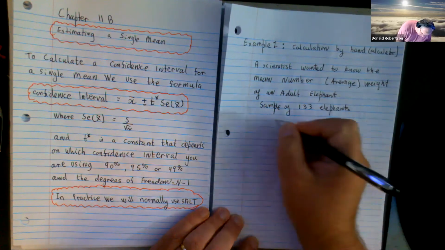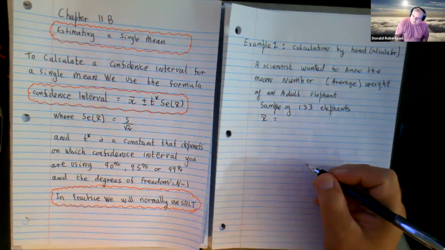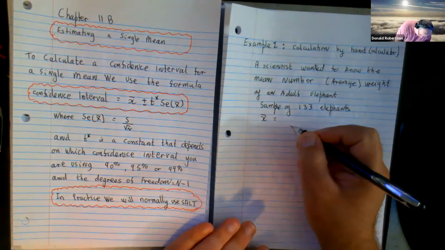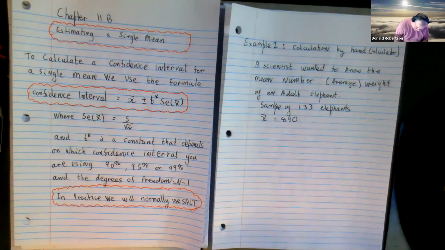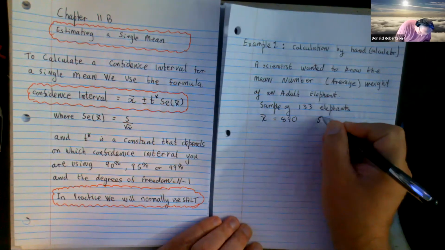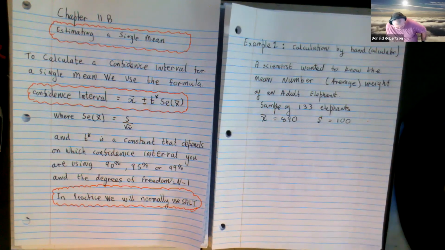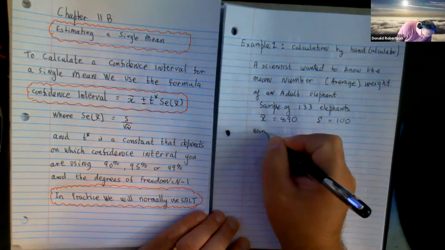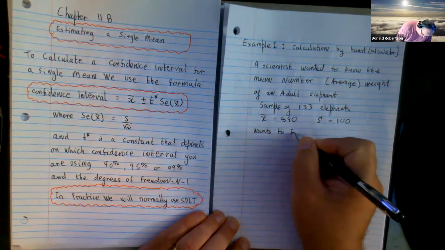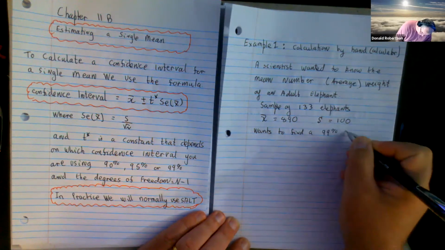And he found out that their average weight, God, this is a guess. I don't know what an elephant weighs. Can we pretend I did? And it was 890 pounds. And the standard deviation of the sample was 100 pounds. And in particular, he wants to find a 99% confidence interval.